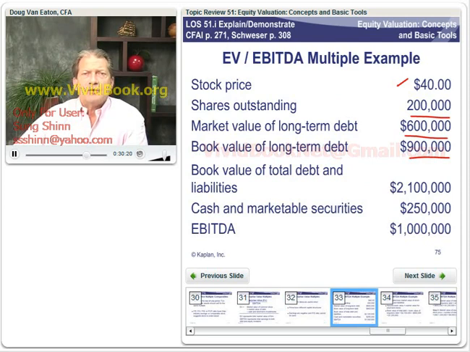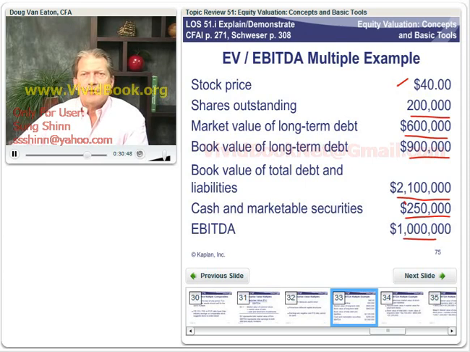The book value of total debt and liabilities is 2,100,000. That's our total debt and our liabilities. Out of that, we're going to take the cash and marketable securities. And our EBITDA is $1 million.